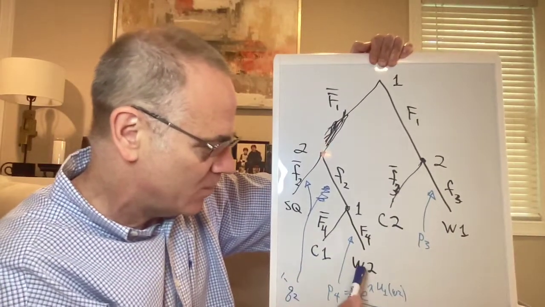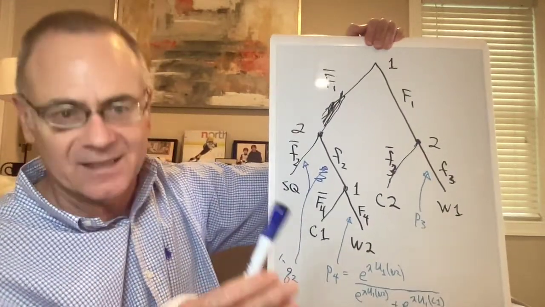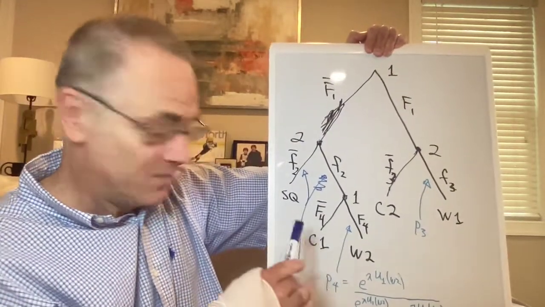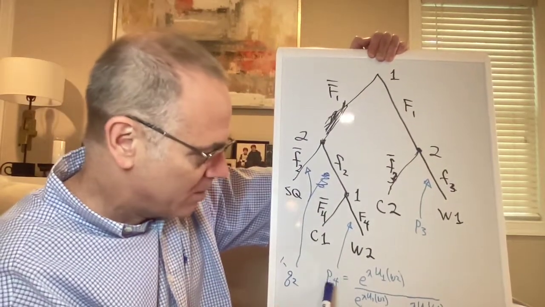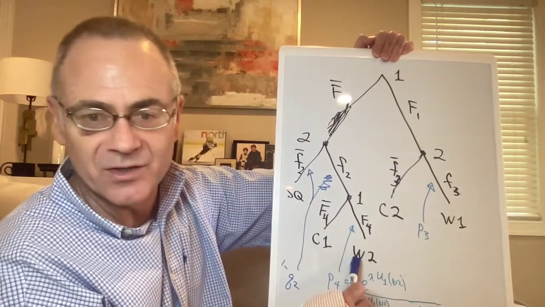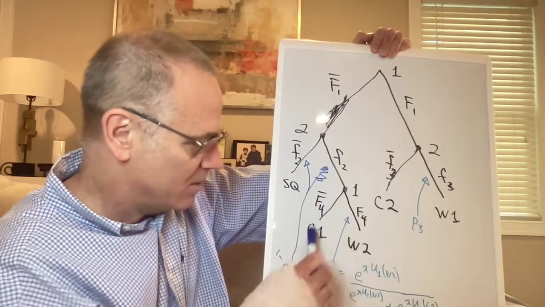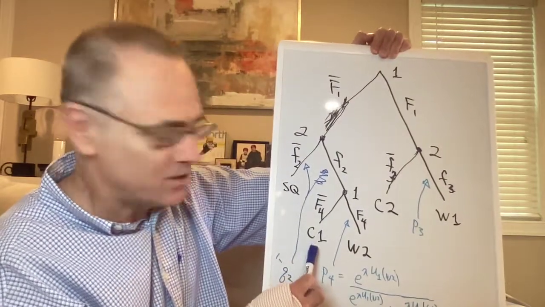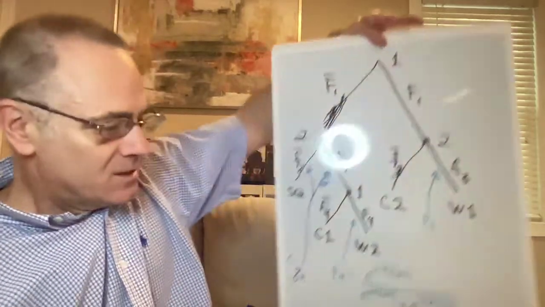It might be C1 or W2. And so the expected payoff, the expected scene payoff is P4 times her utility from W2 plus 1 minus P4 times the utility of C1. That's the expected utility, okay?